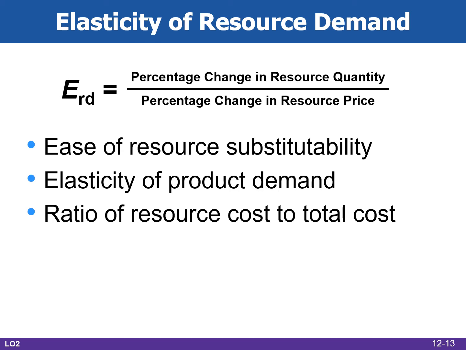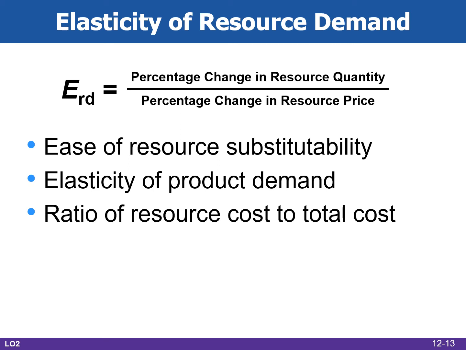Ratio of resource cost to total cost is our last factor to consider. The higher the ratio of the resource cost to the total cost, the more elastic is the resource demand for that particular resource. So when considering elasticity of resource demand, the higher the percentage that resource is of total cost of production, the greater the elasticity of resource demand for that resource.